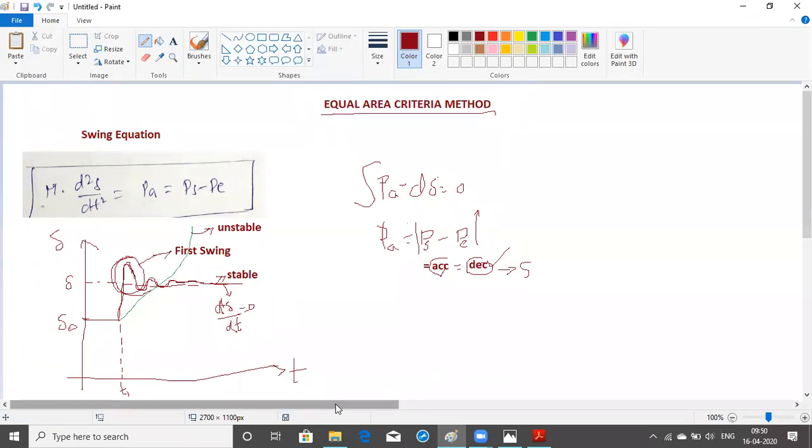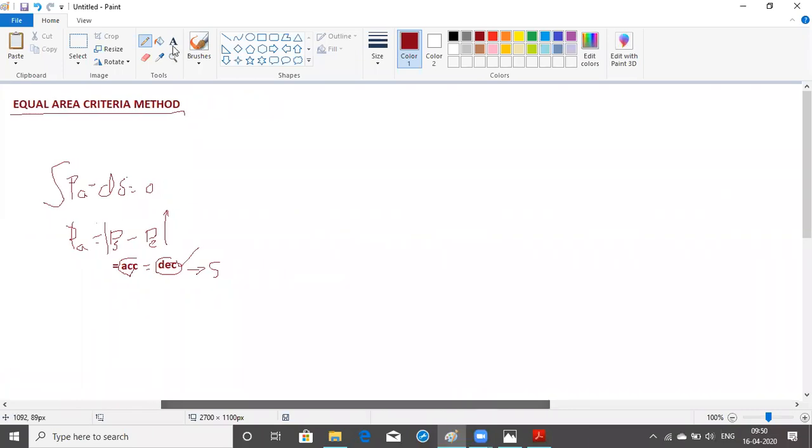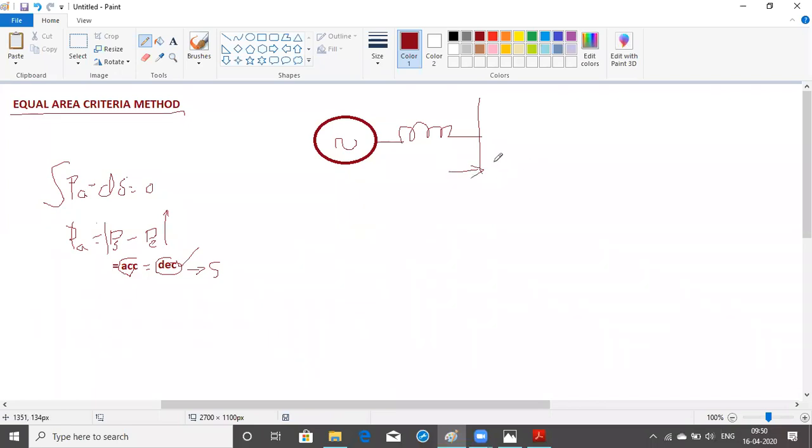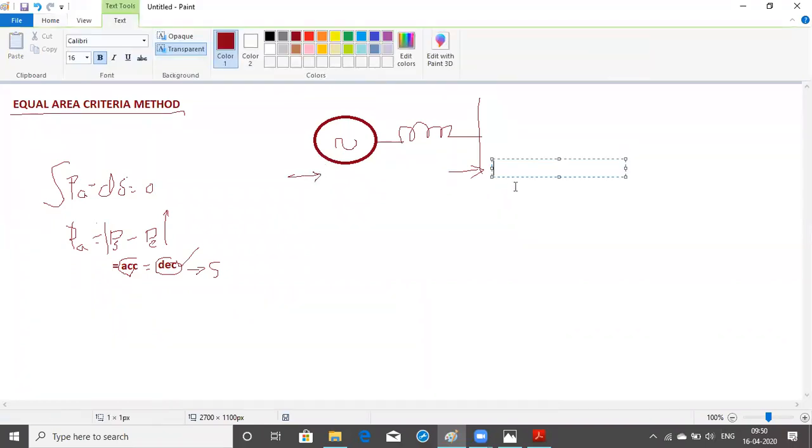Okay, I will take one example. I'm taking one synchronous generator and one curve, for better understanding. It contains a reactance, and you can draw the reactance of the generator, and this is the bus. This is the electrical power which is delivered by the generator, and the mechanical power or shaft power is the input of the generator.